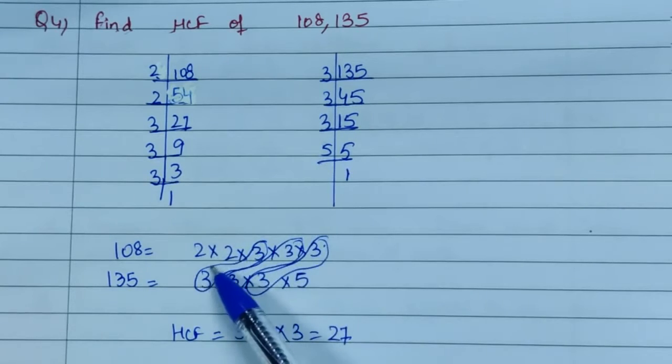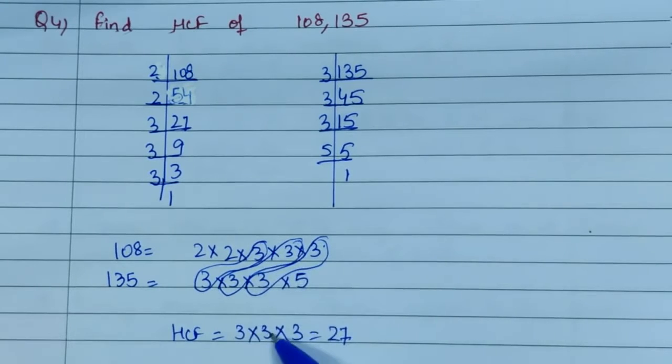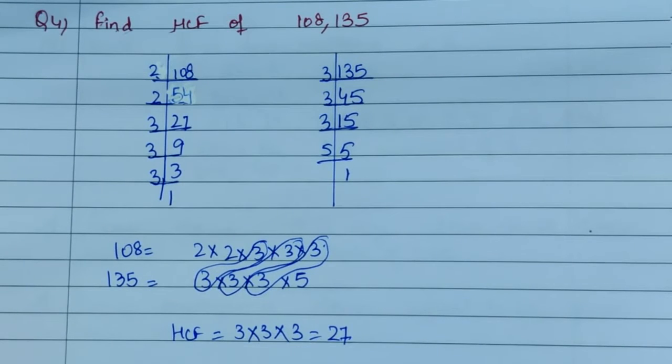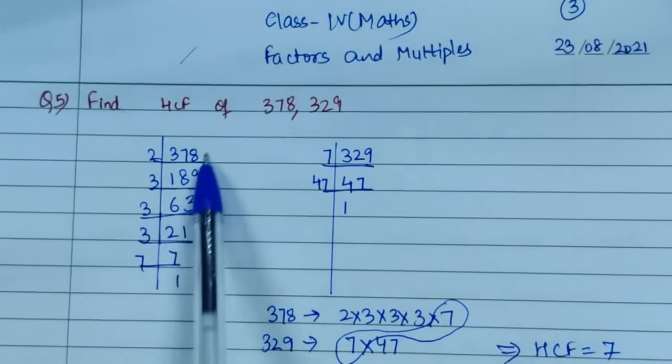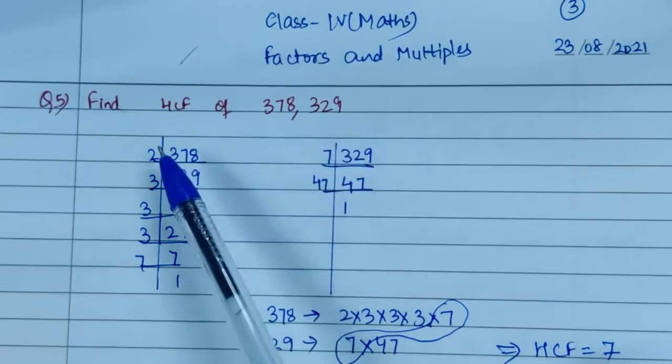The common factors: this 3 is common, this 3 is also common, this 3 is also common. Clear? 2 is not common and 5 is not common, so we will not write them. Then we multiply and we get 27.